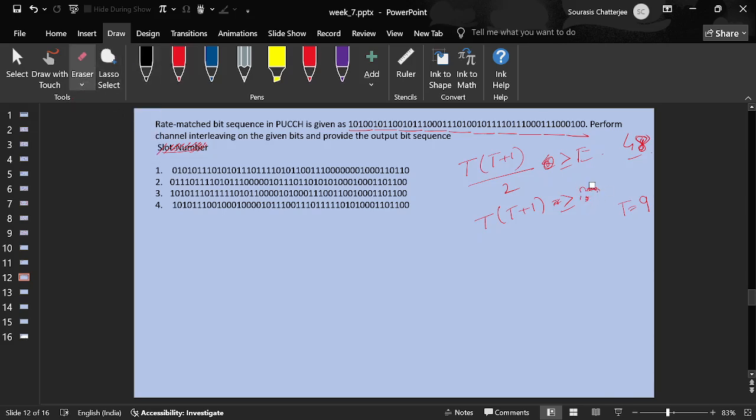Thanks for pointing this out. It's 96 here, then T will become 10. T will be 10, so that height is going to be 10. Height and width both for the first row.